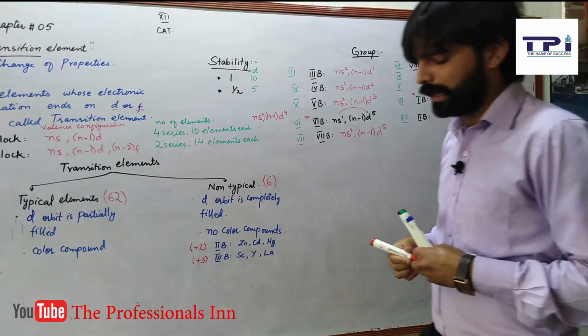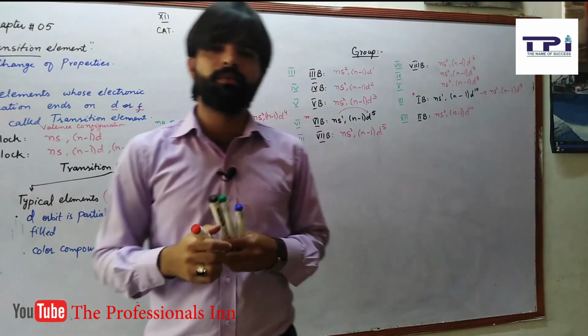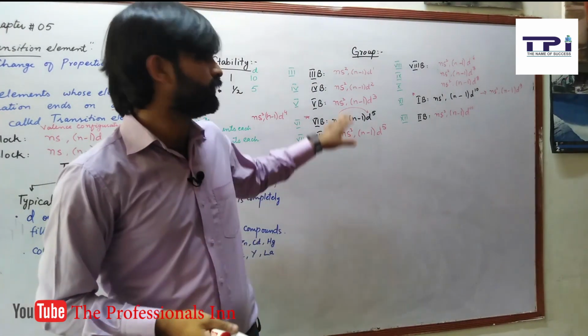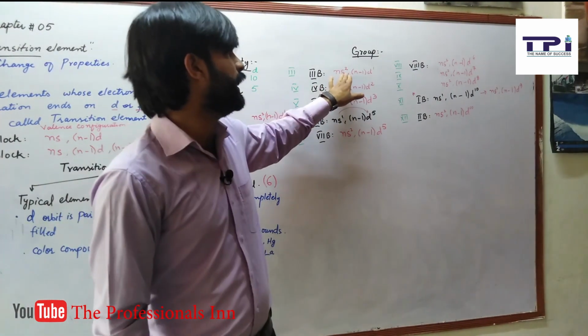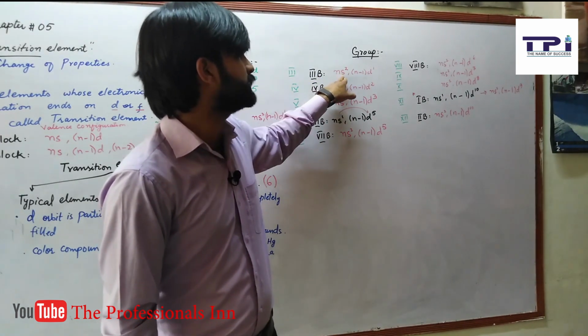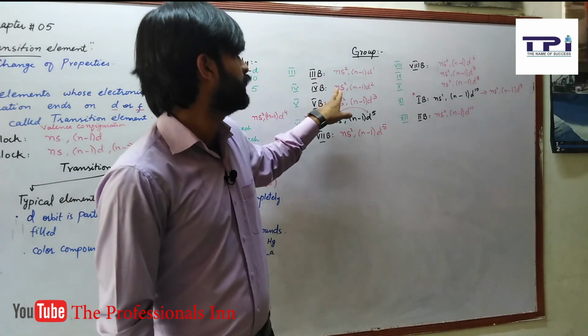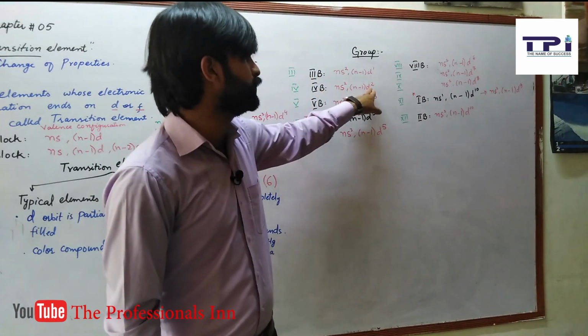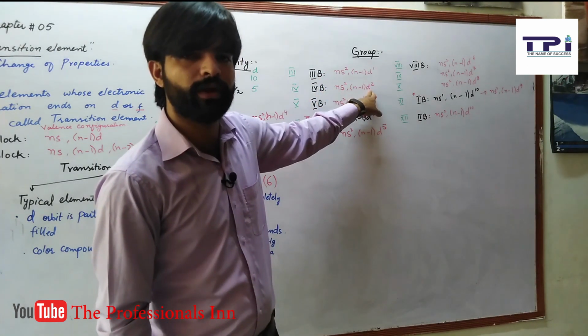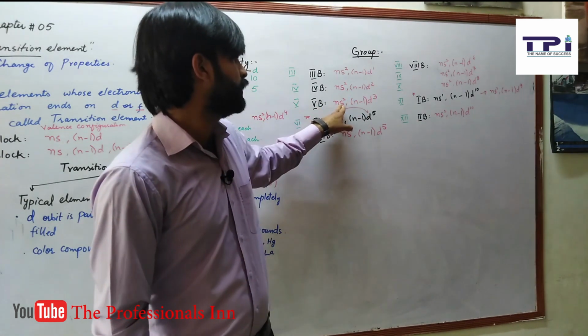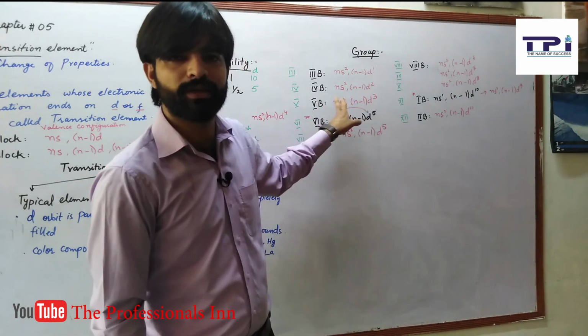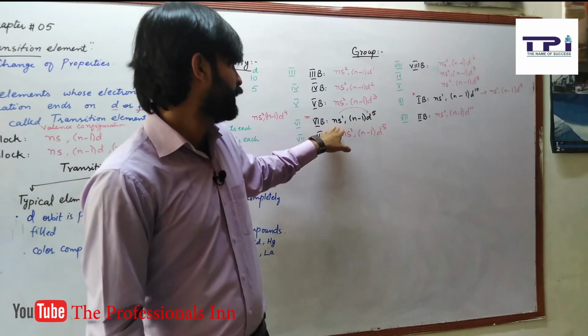So you can memorize that the group number will tell you your valence configuration. As for 3b, S have 2 electron, D have 1 electron, 2 plus 1, 3. For 4b, S2, D2, 2 plus 2, you are going to have 4. 5, S2, D3, 2 plus 3, you are going to have 5.